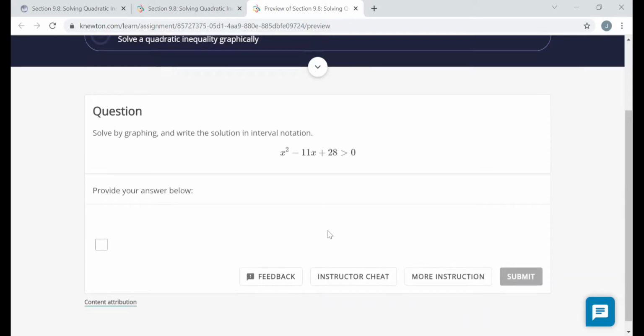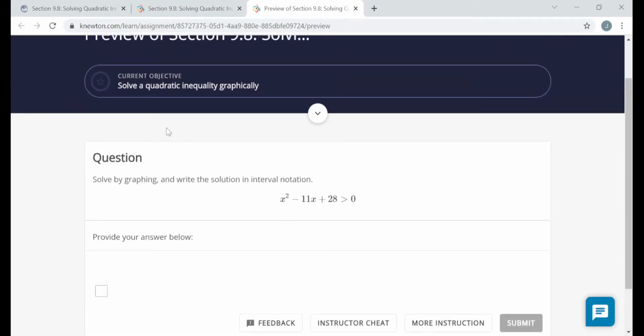Alright, so this first question, I'll go over how to solve a quadratic inequality graphically. So this is going to involve graphing a quadratic function, which you should know how to do from previous sections in chapter 9.